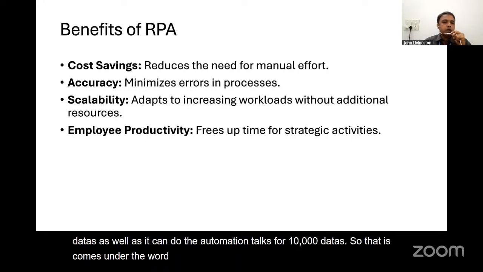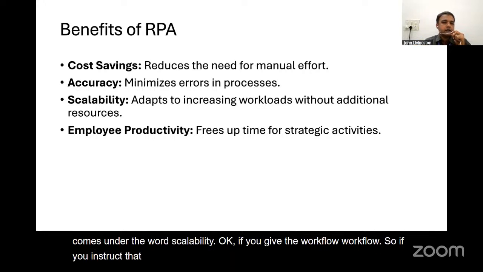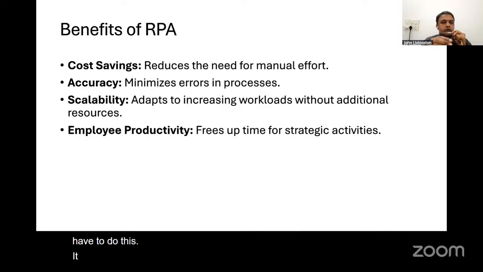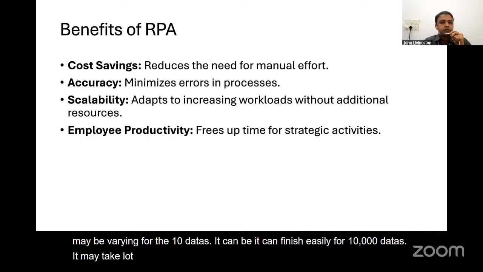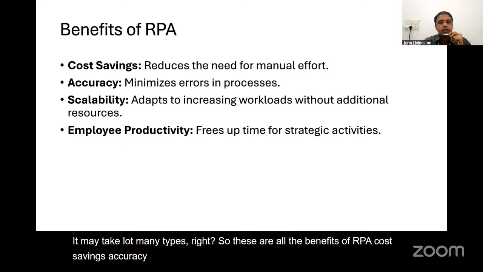If you give the workflow, if you instruct that software robot to do this type of steps, 10 steps, it will do it for 10 datas as well as for 10,000 datas. Maybe the time may vary. For 10 datas, it can finish easily. For 10,000 datas, it may take a lot more time, right? So these are all the benefits of RPA: cost savings, accuracy, scalability, and employee productivity.